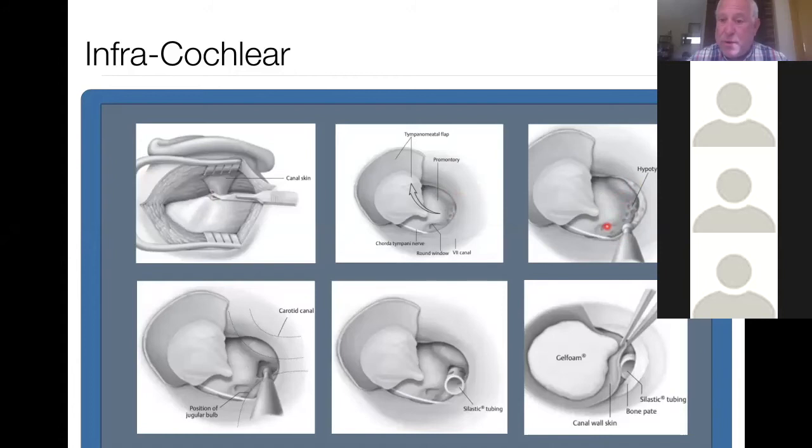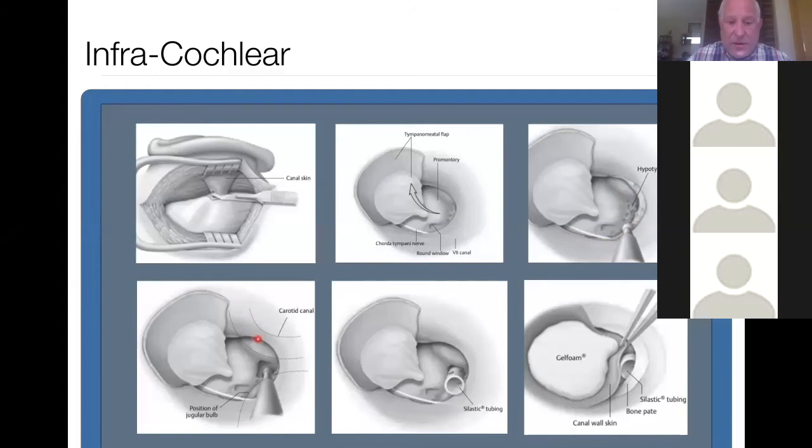The round window is important for identifying the position of the basal turn of the cochlea. And we have to be careful as we drill the hypotympanum for exposure to remember that the facial nerve sits in the posterior canal. It can be just underneath the bone. So if you're going to do this, do it very cautiously.